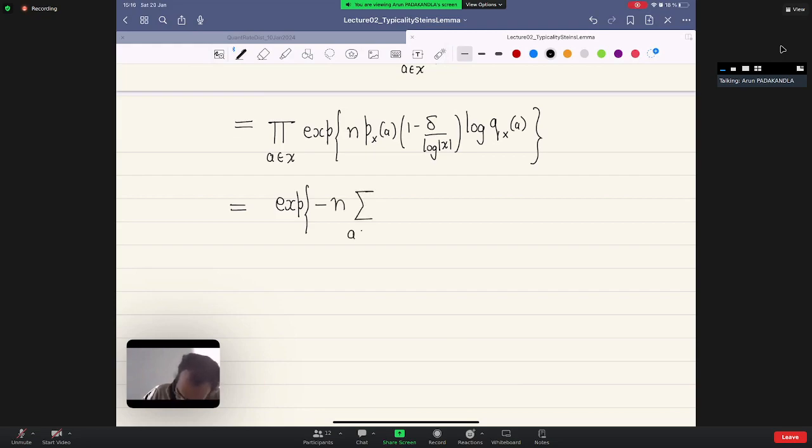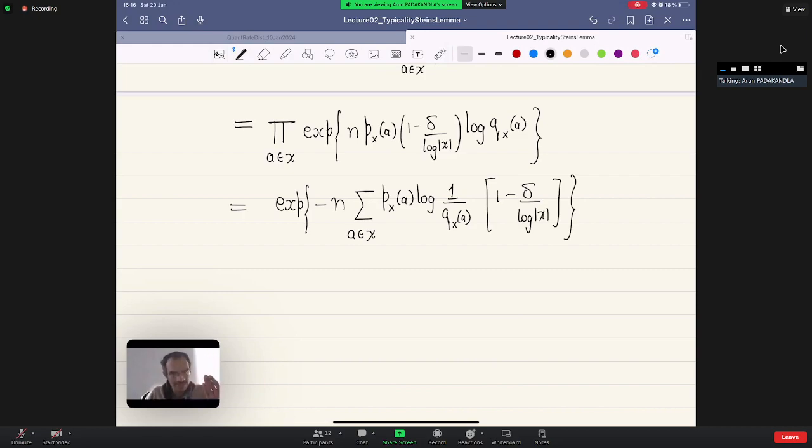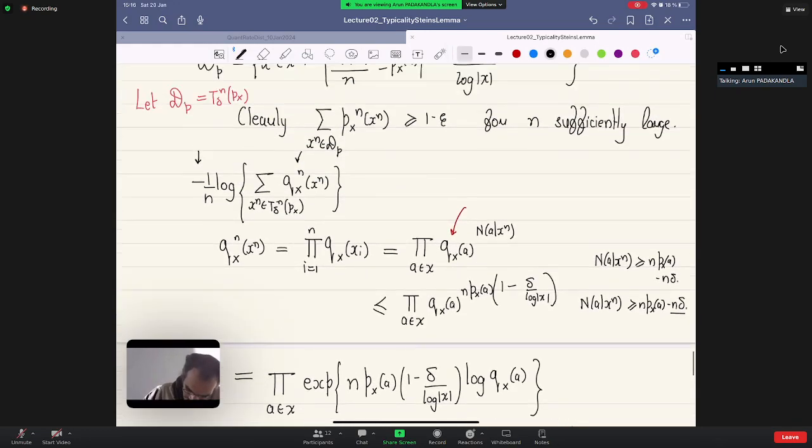I do a couple of algebraic steps: px of a log 1 by qx of a. That's why I have a negative sign outside. And I have a 1 minus delta by log cardinality of X outside because that doesn't depend on a. And I have pulled the product into a summation in the exponent. That's all I've done. This is an upper bound on qxn of xn.